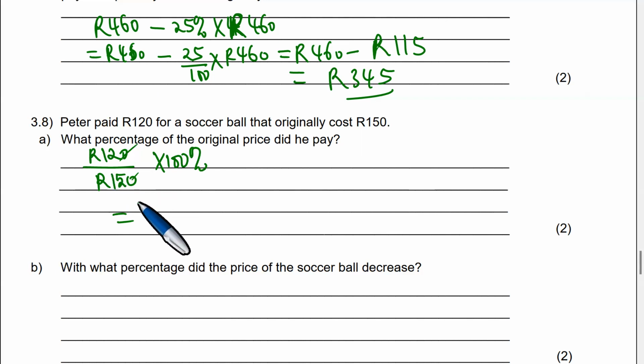Divide by 3. 12 out of 15 becomes what? Divide 12 by 3, you get 4 out of 5, times 100.